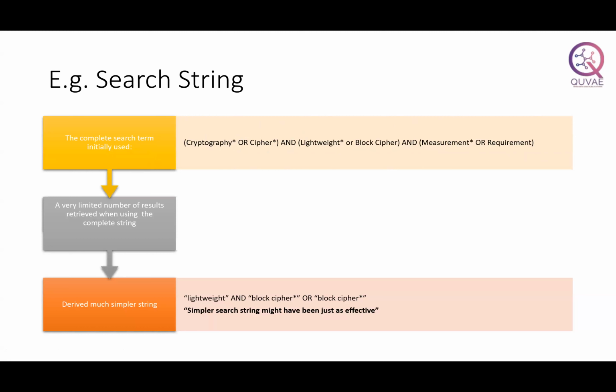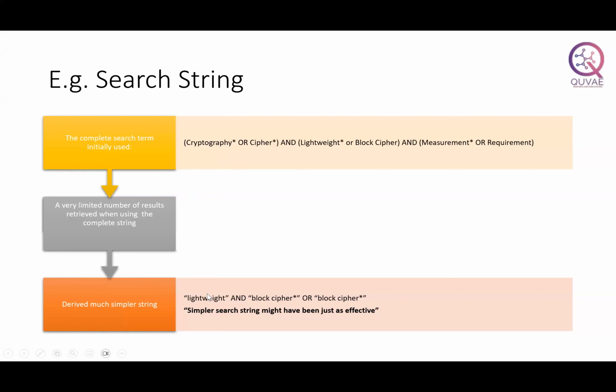Sometimes when you search with this complete search string, you may get a limited number of studies. If you have a limited number of studies, then it is suggested that you use a much simpler string. Break it down.